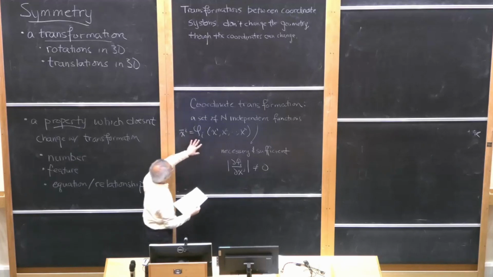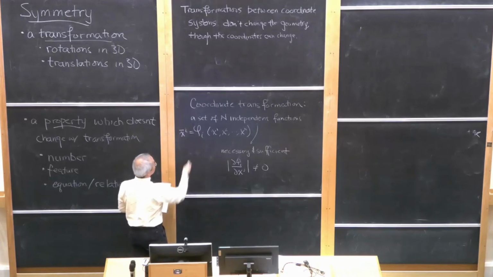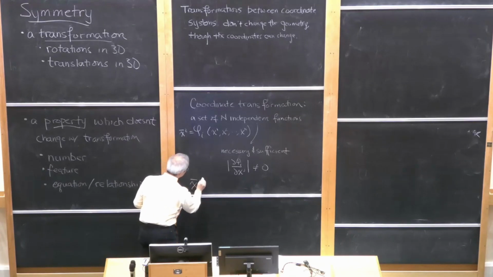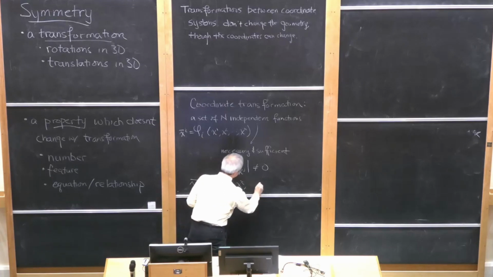Now, this is a tiny bit pedantic. Oftentimes, instead of writing all these phis, we just write these things as functions. So the way I will do it, we'll say x bar i is a function of x1, x2, etc. up to xn.